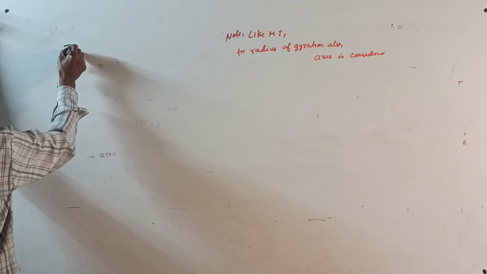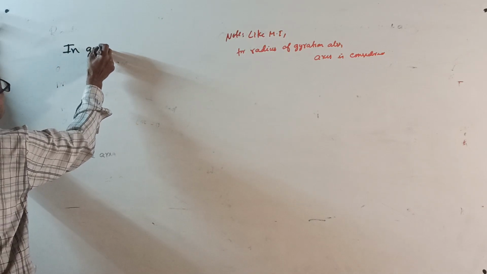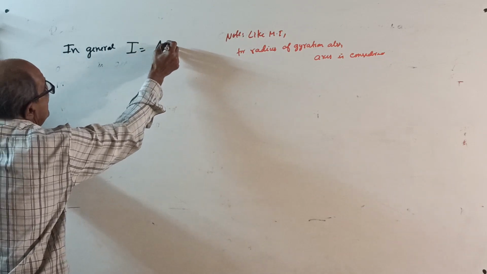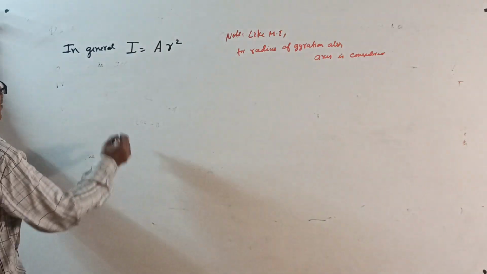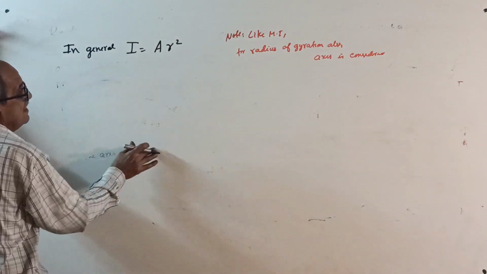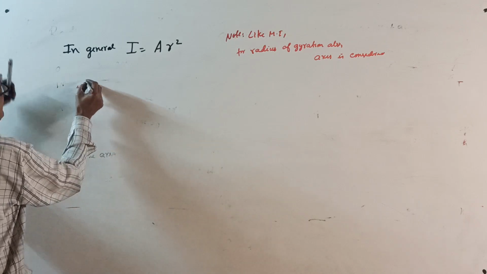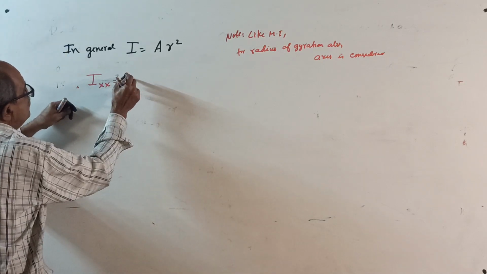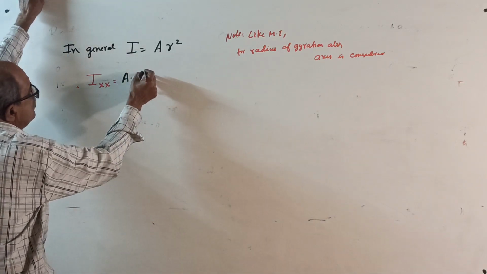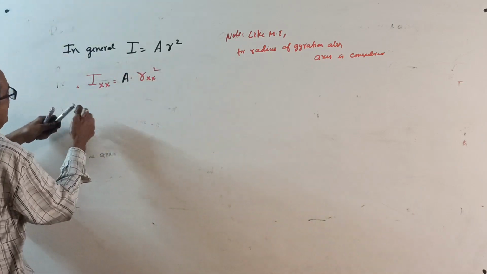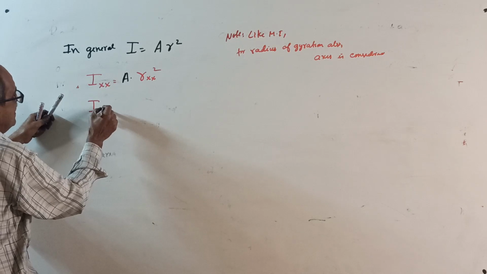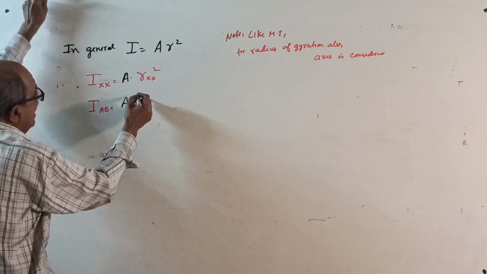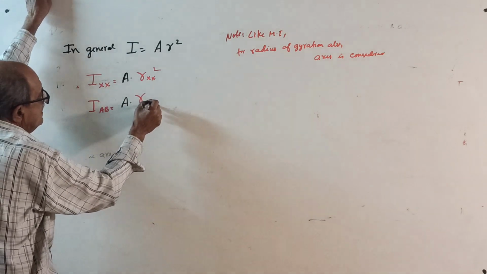In general, I equal to AR square, or you can write here, if you want I about XX, it is area into R about XX square. Or if you write I about AB equal to area into R about AB square, that way.